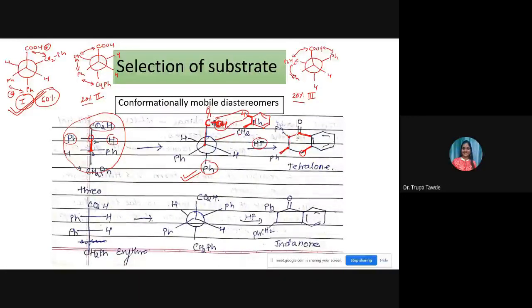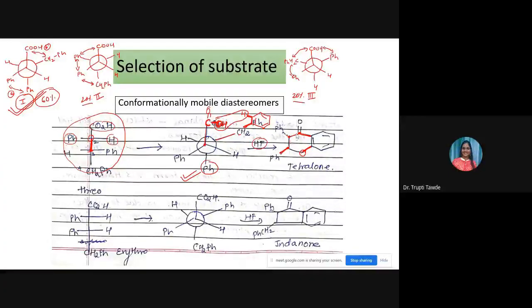Clear, समझ में आया? This is called as tetralone. The product which we are getting here is a tetralone system, and we are saying that tetralone is formed because of the most populated conformer of this structure. तो हमने वही substrate consider किया है जो most populated है, and then we have related the structure, that initial reactant with the product.